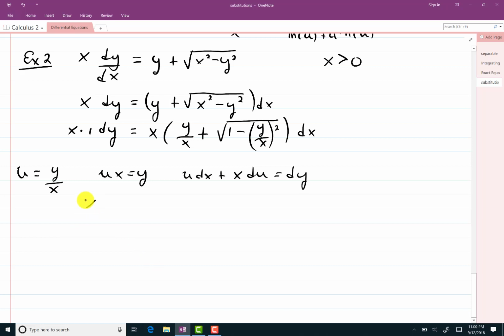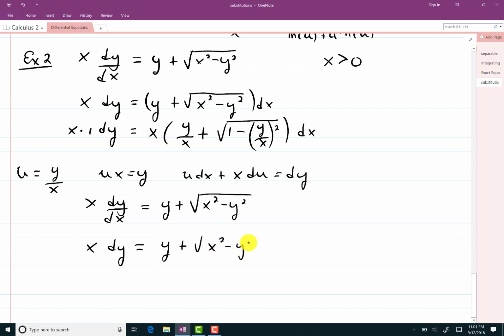So I'll have x dy over dx equals y plus the square root of x squared minus y squared. And then I'll multiply through everything by dx. So I'll get x dy equals y plus the square root of x squared minus y squared dx.